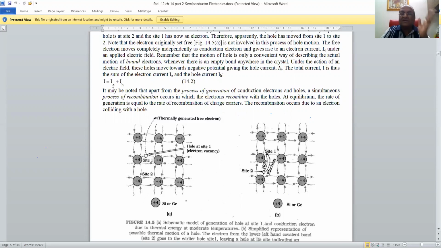So the net current constituted here is I equal to IE plus IH. So here holes also play an important role in the conduction process. So in this way the conduction takes place in semiconductors.